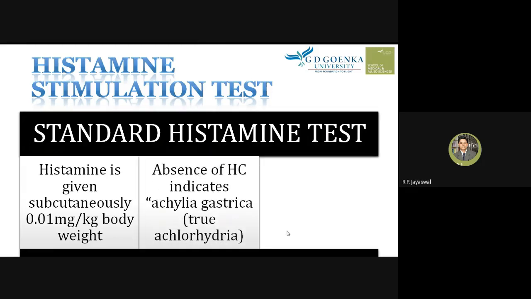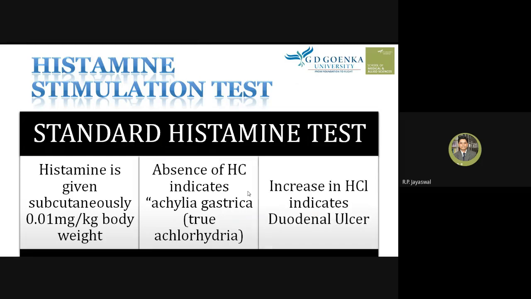Absence of HCl, so there is a spelling mistake. If there is absence of HCl, it indicates achylia gastrica, also known as true achlorhydria. Increase in HCl indicates duodenal ulcer.